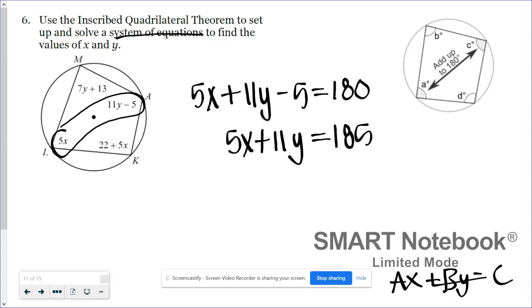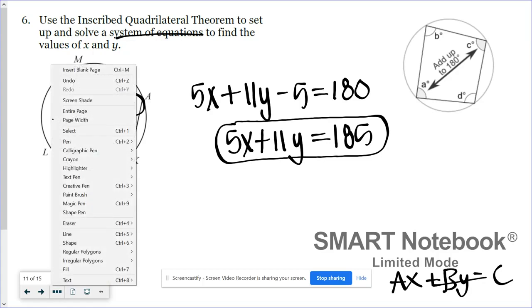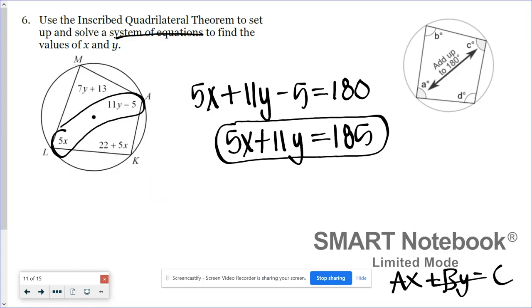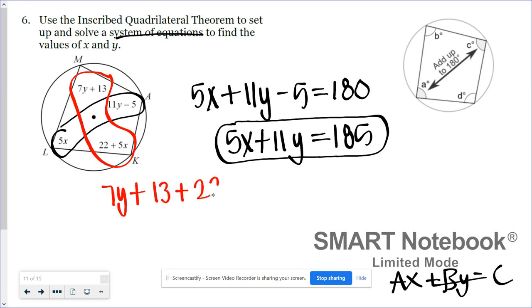So one of my equations is 5x plus 11y equals 185. Now I'm going to find my other equation. Opposite angles are supplementary, so those two are going to add up to be 180. So I got 7y plus 13 plus 22 plus 5x equals 180.